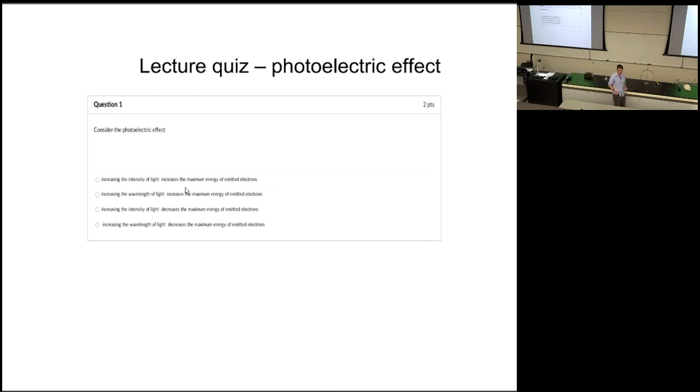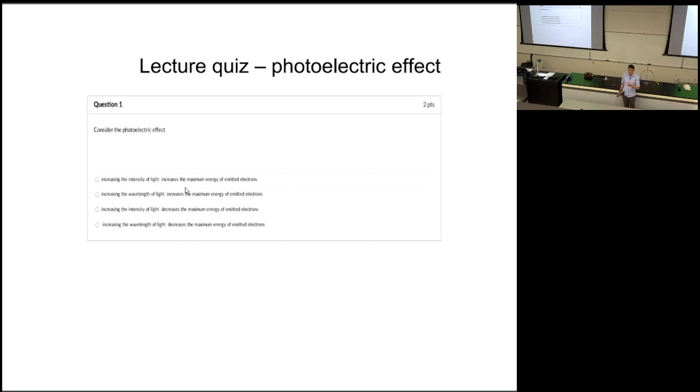Okay, I'm going to move on quickly because I want to do the example for the photoelectric effect. We said that the kinetic energy is not affected by the intensity of the light. Whether it's a dim light or a bright light, if the frequency and wavelength are the same, you're going to get the same kinetic energy of electrons. It's the frequency and wavelength that count in determining the kinetic energy of the electrons.